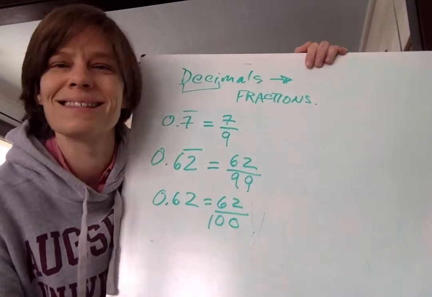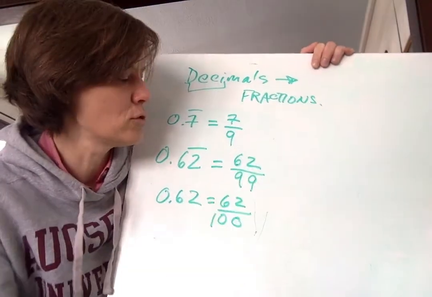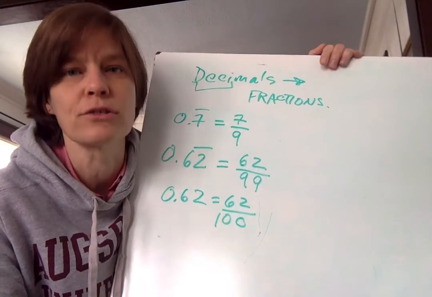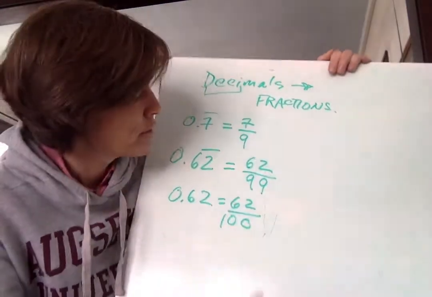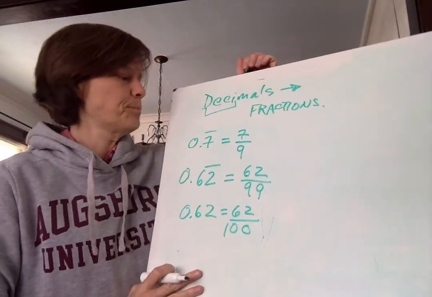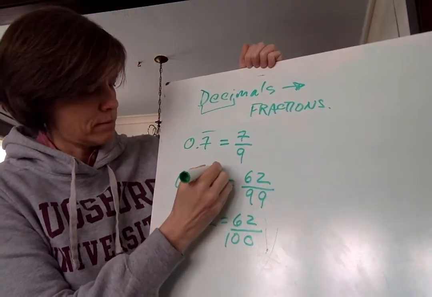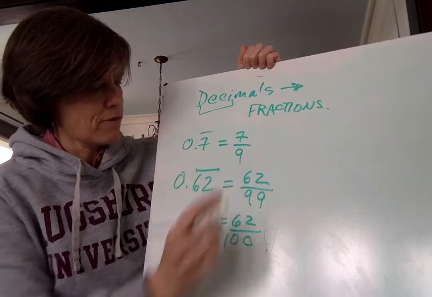But this you put over 9s. Go ahead and do it. 62 divided by 99 is 0.62, 62, 62, and it never ends. You're always one shy of completion. So remember, the bar goes over that.